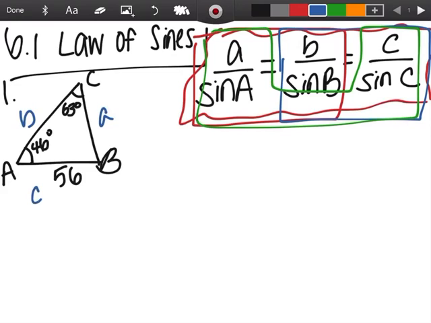Their instructions are going to say solve the triangle, and solve the triangle means find all the missing sides and all the missing angles.